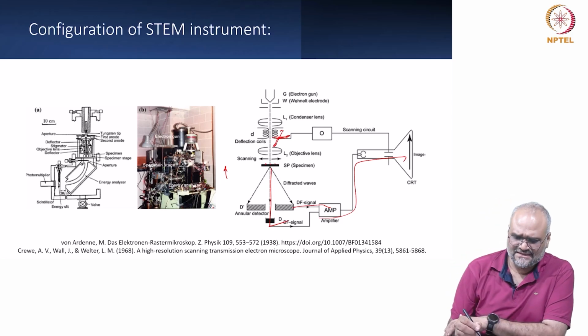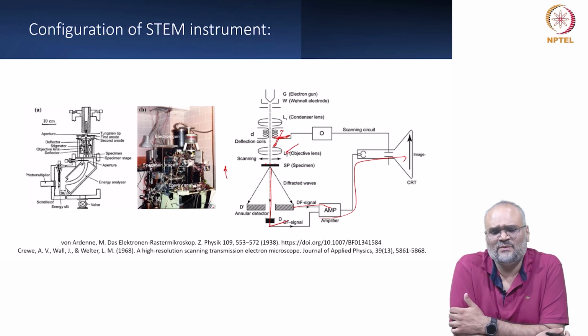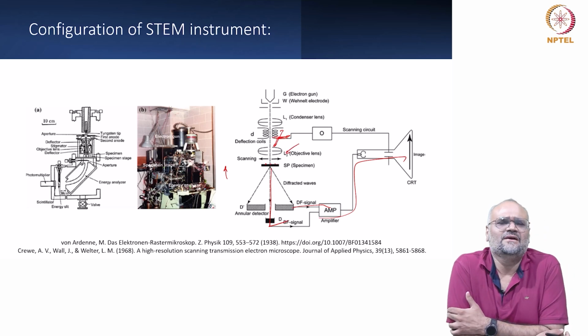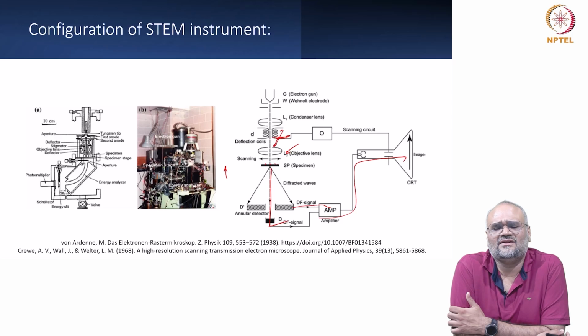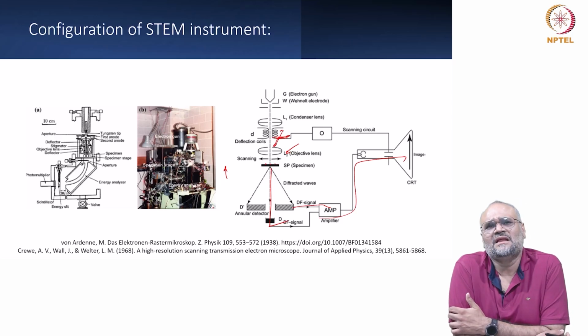By placing a detector close to the specimen from the top, you can collect the secondary electrons as well, where you get a good surface sensitive signal also. You can simultaneously get STEM bright field, annular dark field, high angle annular dark field, differential phase contrast image, and secondary electron image in modern microscopes.